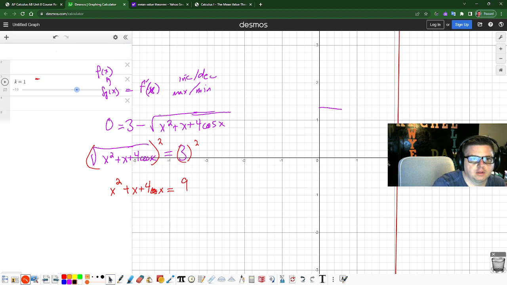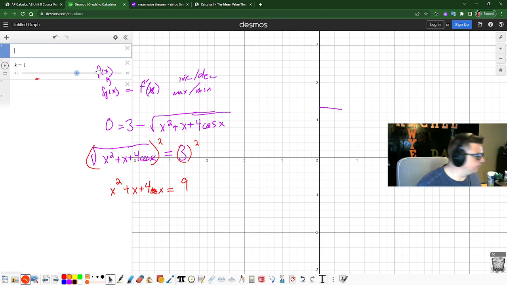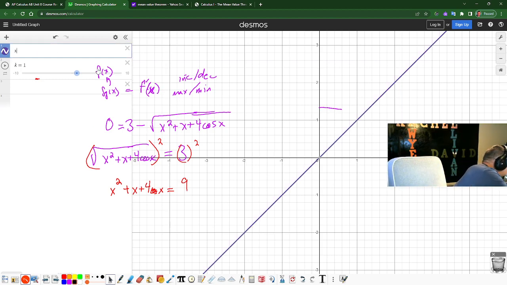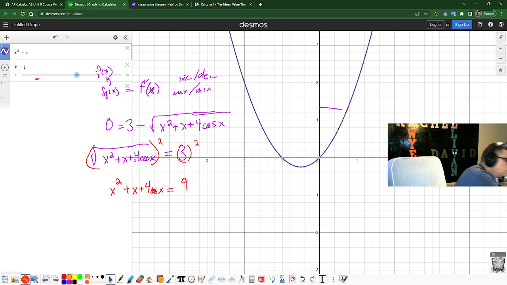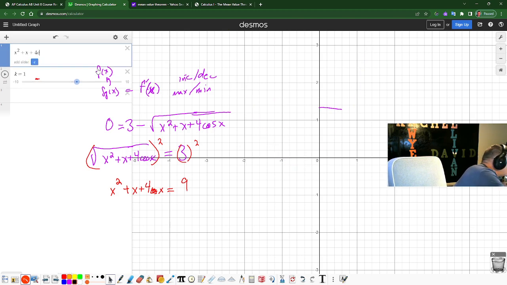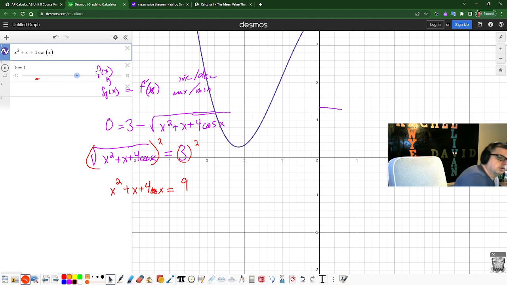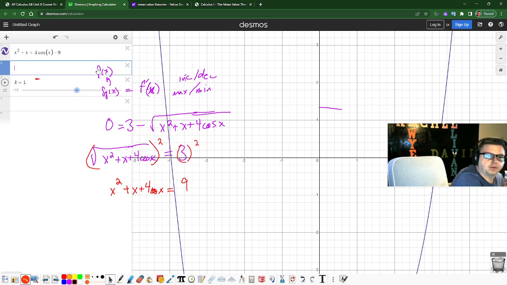If you can, make your life simple. X squared plus x plus 4 cosine x minus 9 equals minus 9. Okay, so I have two values. One is at negative 3 point something and one is at positive 3 point something.